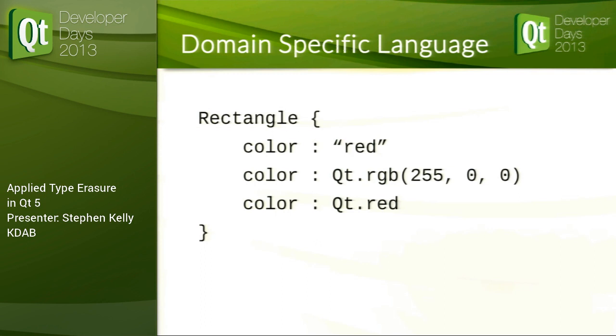So somewhere inside of the QML engine, there is an interpreter. There is a method, I guess, which looks at the type of the incoming property value and sees if it can convert that to a color somehow.